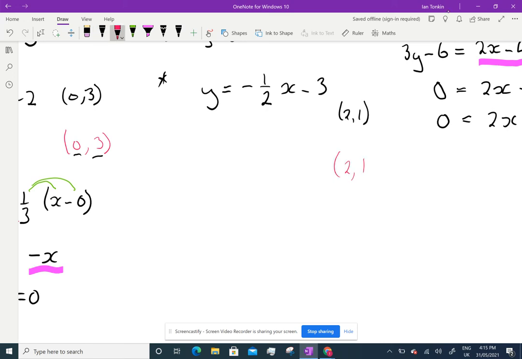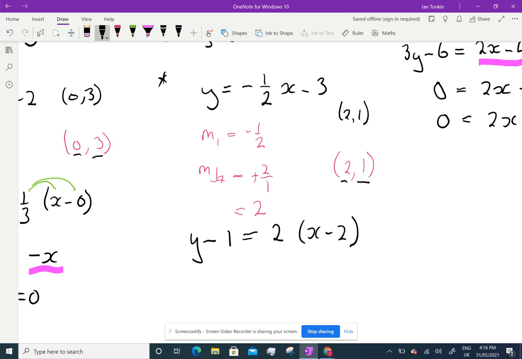It's 2, 1. The gradient of this line is negative a half, but I need the perpendicular gradient. So I turn it upside down, 2 on 1, and I change the sign. And 2 on 1 means I've just got a gradient of 2. Well, y minus the y value, 1, equals m, 2, x minus the x value, which is 2.